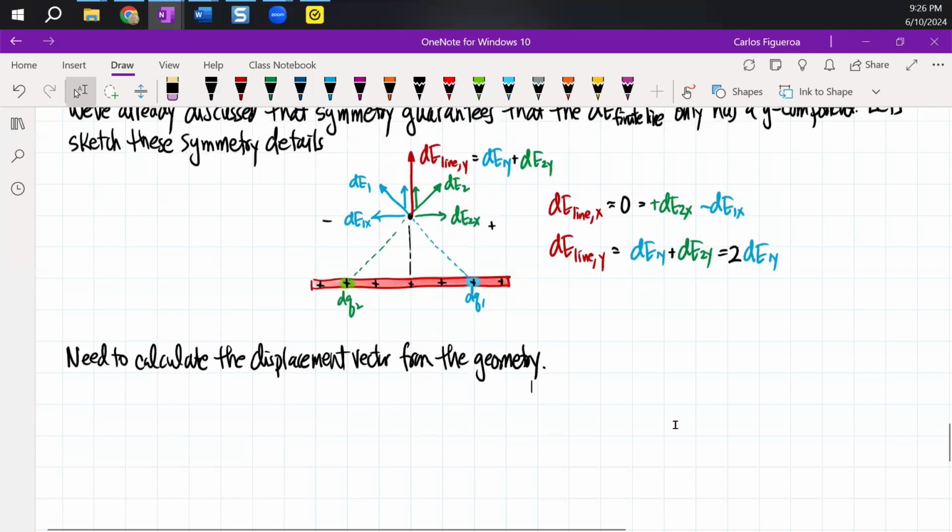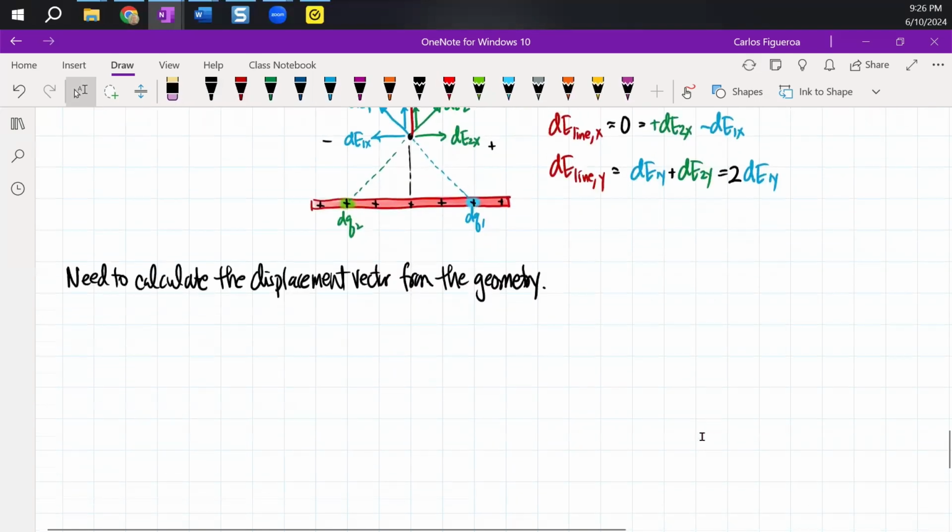So I'm going to pick my line charge again. And here I am. So here's my line charge. And I'm going to pick a point P here. You know what? I think I'm going to have to lower this down. So if I pick a point P, let's see, am I in the center?